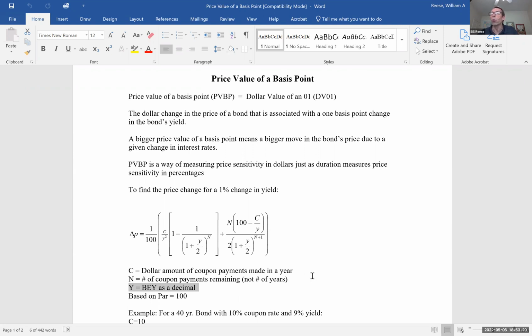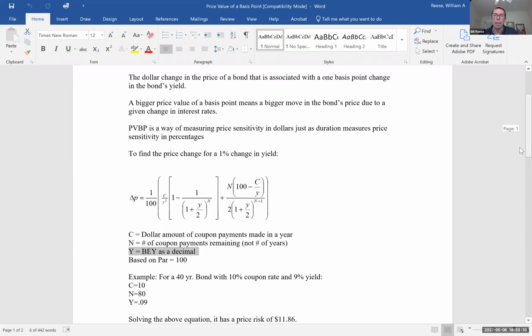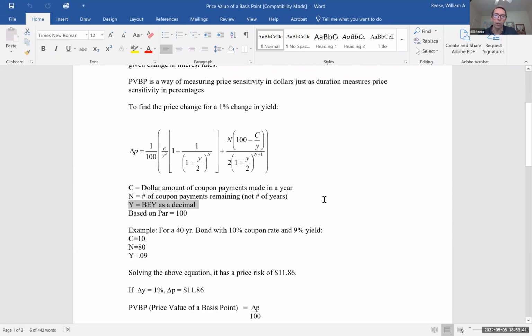So let's go through an example, and it would be worth your while to actually plug these numbers into the equation and solve it and make sure you get the same answer that I did. Let's suppose we have a 40-year bond. It's got a 10% coupon rate and a 9% yield. For that particular example, C is going to be 10.